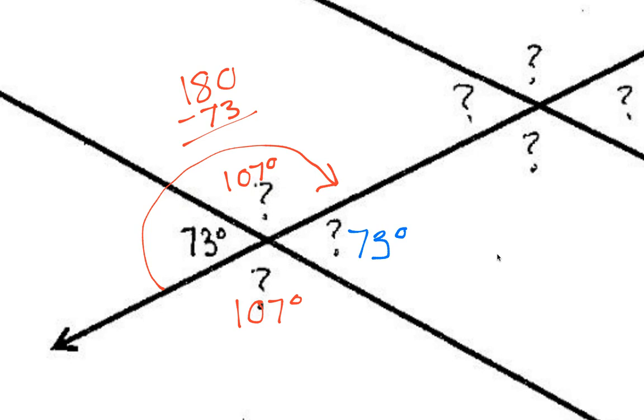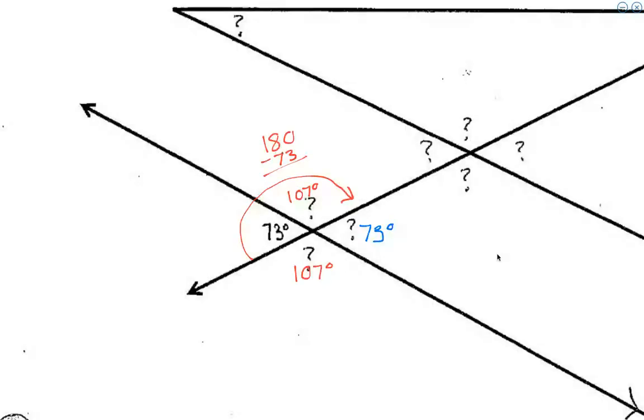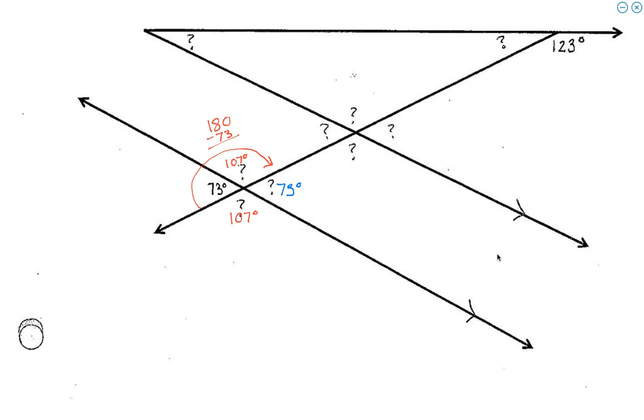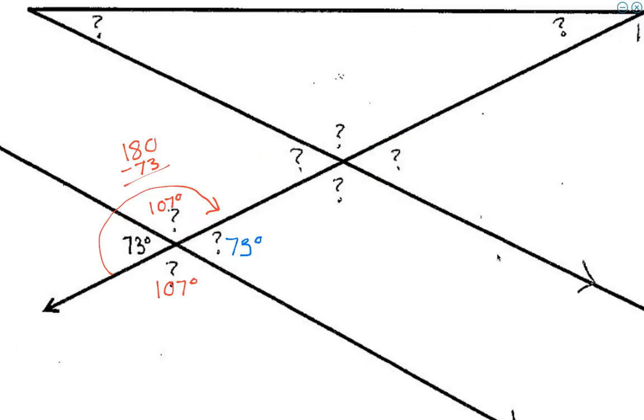So there's those four. I can follow the transversal up and we hit another parallel line. And I know they're parallel because of these markings here. So since they are parallel, it allows me to basically copy and paste those four angles.